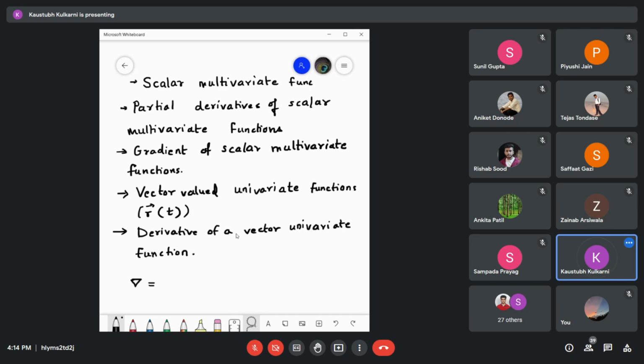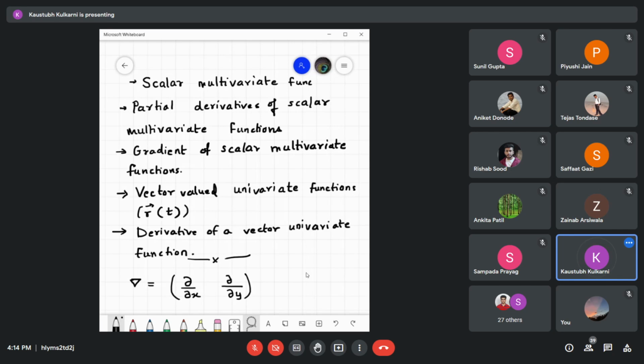So let's say if our function has two variables x and y, then the gradient is the operator that converts it into a vector such that the two components of that vector are partial derivatives with respect to its multiple variables.